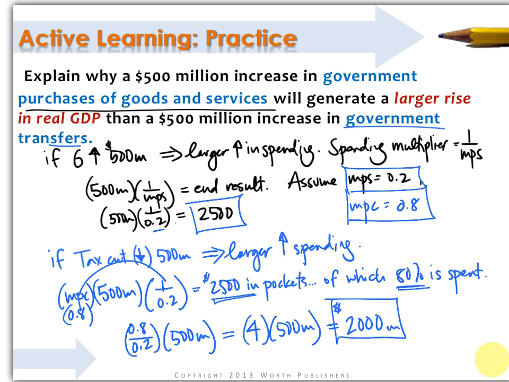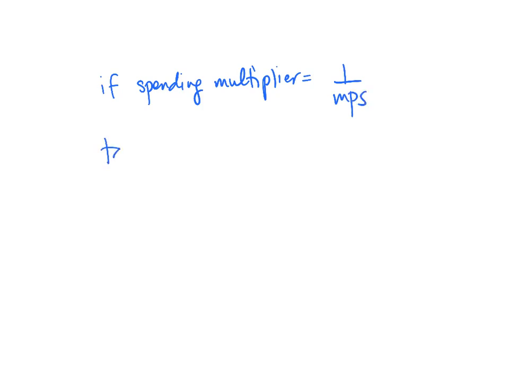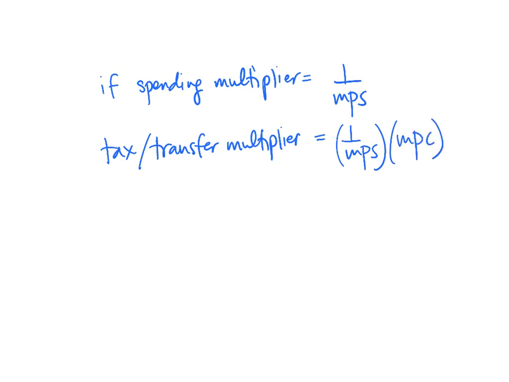And that is because the tax multiplier is this 0.8 over 0.2, or in other words, this, right? So bear with me here for just a second. The spending multiplier is 1 over the MPS, and the tax transfer multiplier is that times the MPC, right?